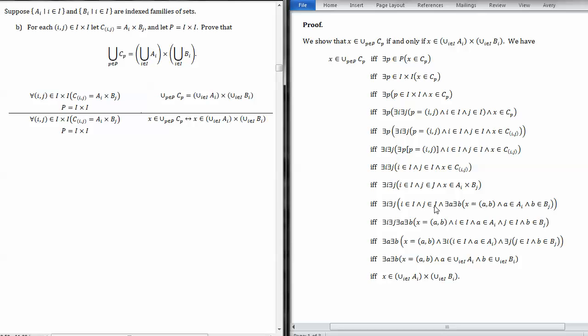These two statements here don't have any a's and b's in them, so we can go ahead and stick them inside these existential quantifiers. And once they're there, we just have a bunch of and connectives, and so we can push the i and the j and I a little further in so that they're next to, in this case, the other little i, and in this case, the other little j.